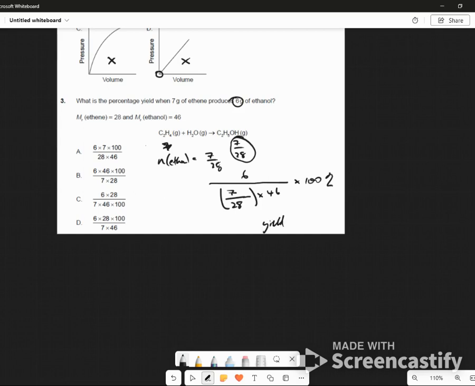So which one is that? The 7 times 6 times 100. It looks like A, I think. Yeah, the 46 is definitely on the bottom, so that's wrong. What's this? The 28. No, 28's on the bottom as well. And there you go. So it's that one. Hope that makes sense.